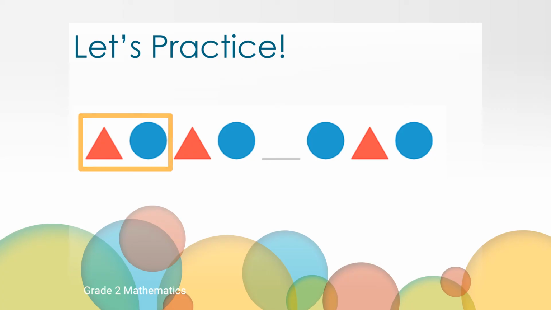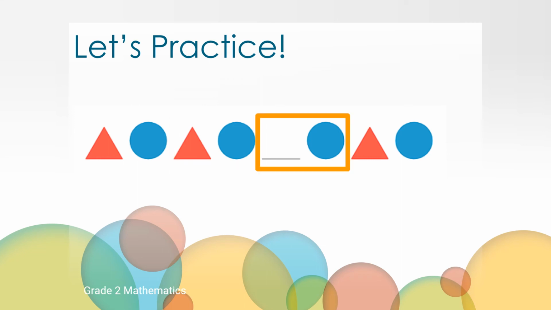The core, or the part that repeats, is triangle, circle. If this pattern continues, what would be the missing shape? You've got it. A triangle would be the missing shape.